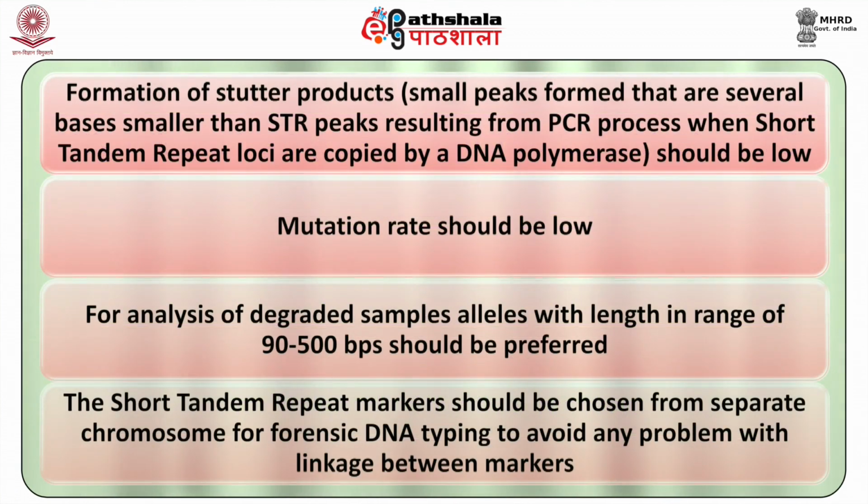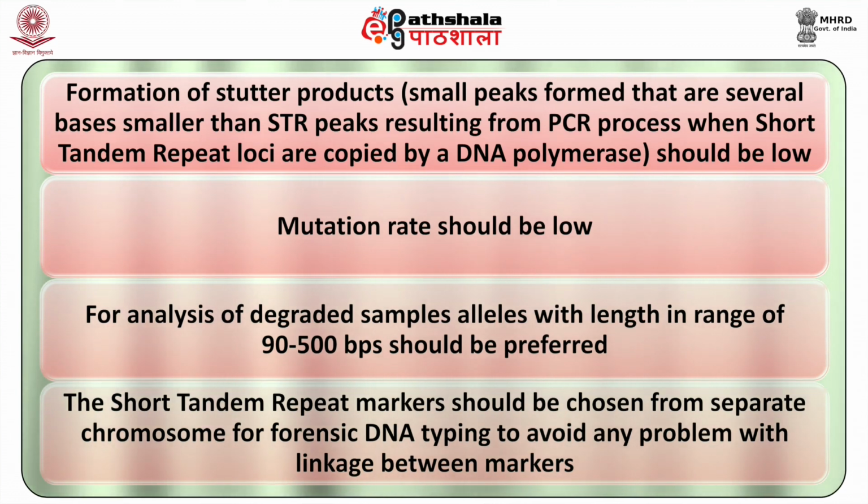And number 4, formation of stutter products, small peaks formed that are several bases smaller than STR peaks, resulting in the PCR process when the short tandem repeat loci are copied by the DNA polymerase, should be low. And number 5, the mutation rate should be low.